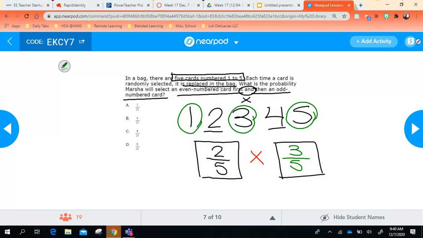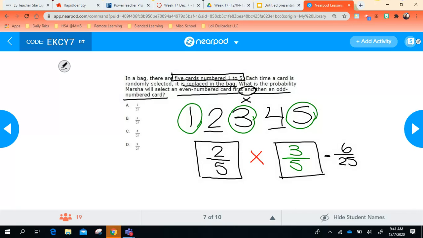So now I multiply. And we know how to multiply fractions. What's 2 times 3? It is 6. And what is 5 times 5? 25. And then I have to check, my answer choice is there. I can check to make sure that I simplified it.